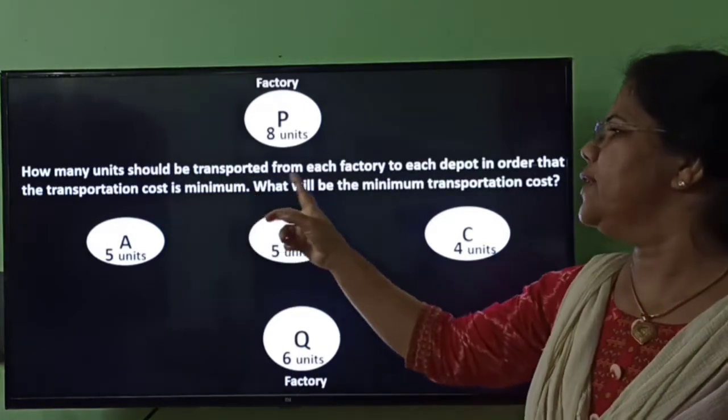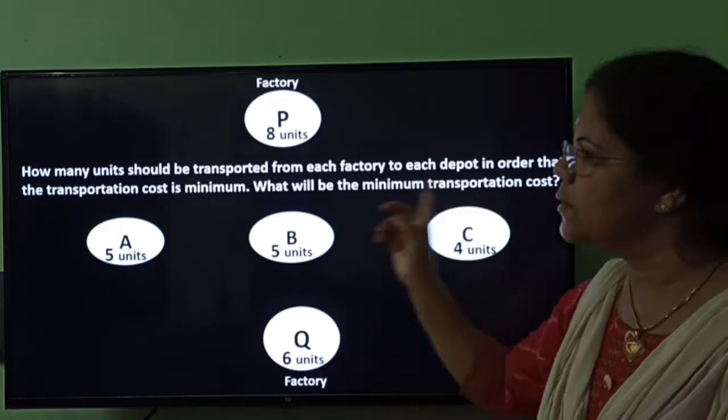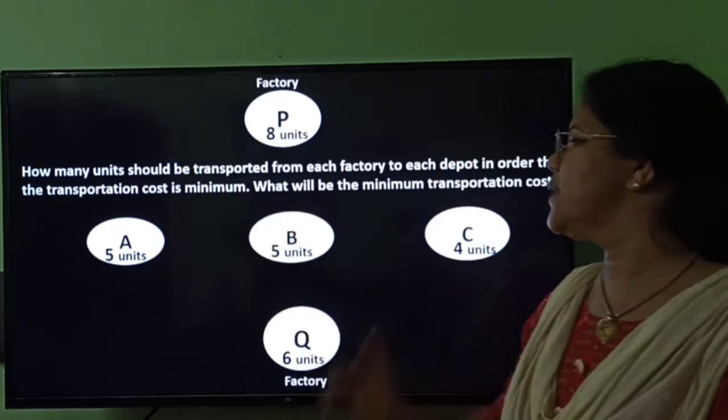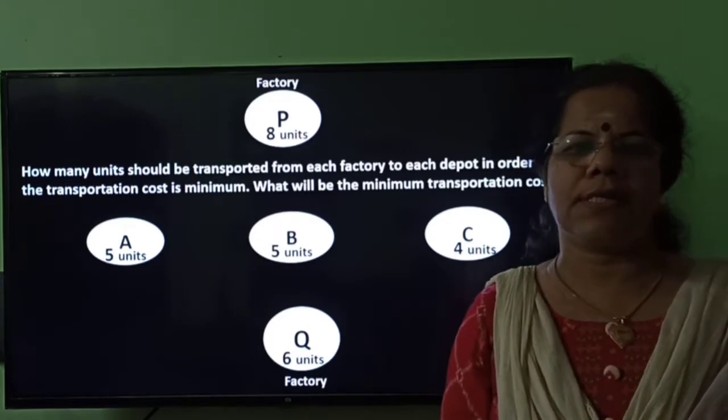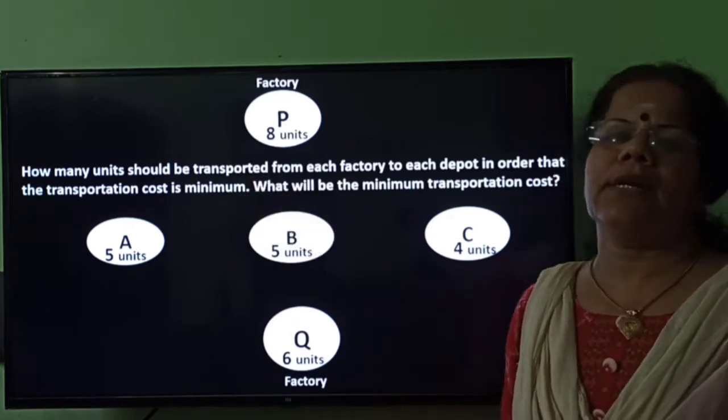Last, how many units should be transported from each factory to each depot so that the transportation cost is minimum? What will be the minimum transportation cost? Now we will start from here. How many units should be transported?